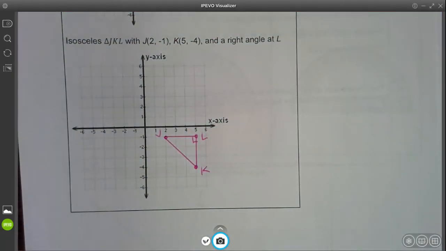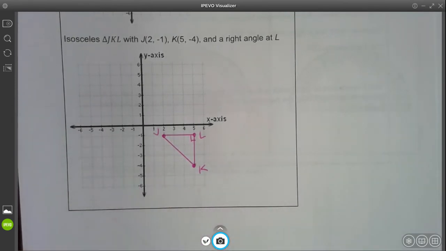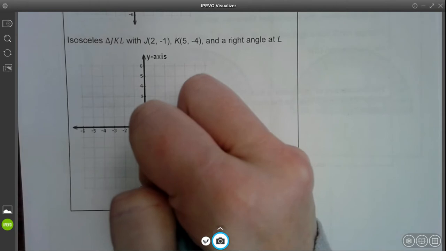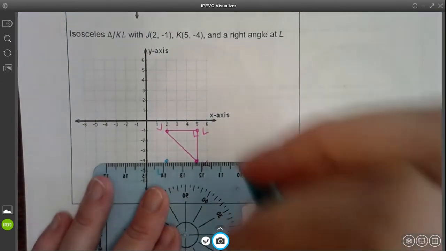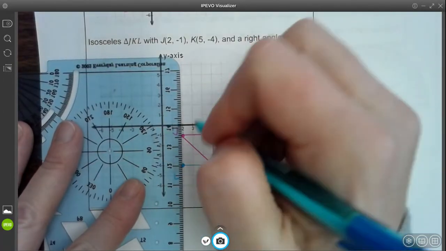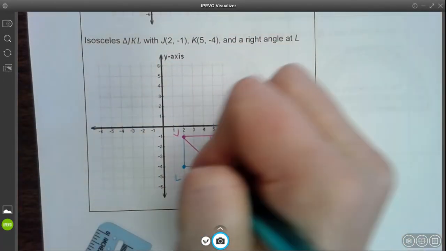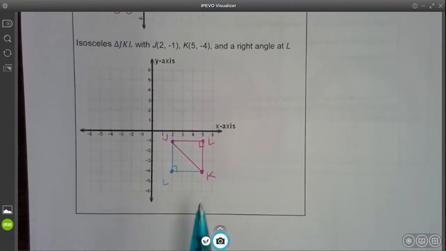Or I could name this JKL, naming it clockwise, and put point L down over here. And it would still have a right angle at the vertex L. Okay, so this one has 2 possible solutions.